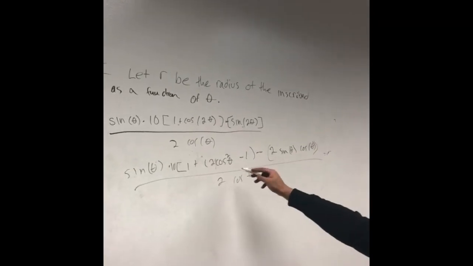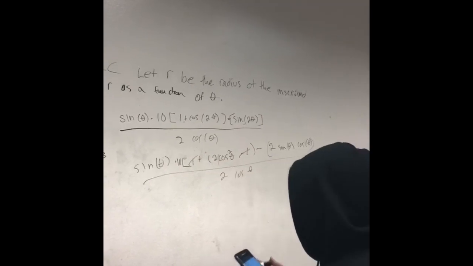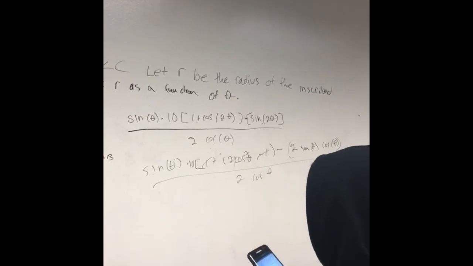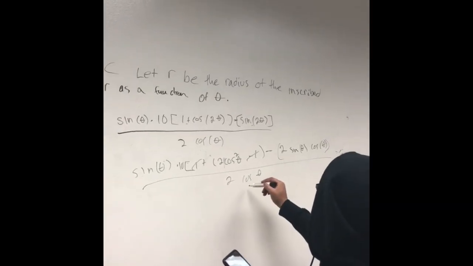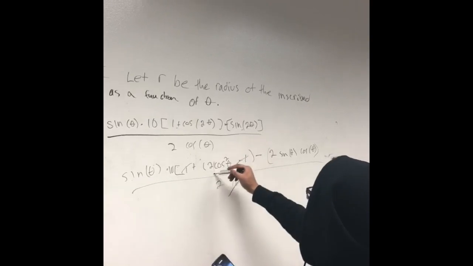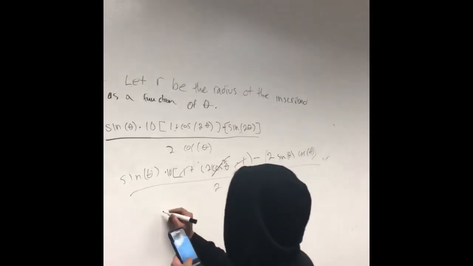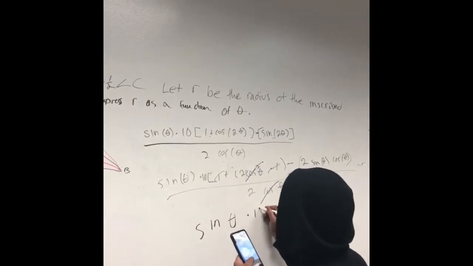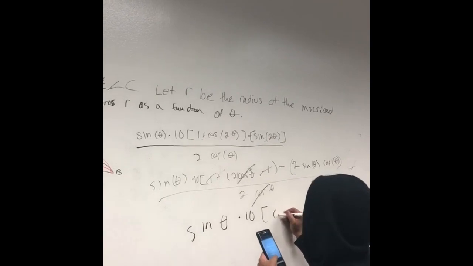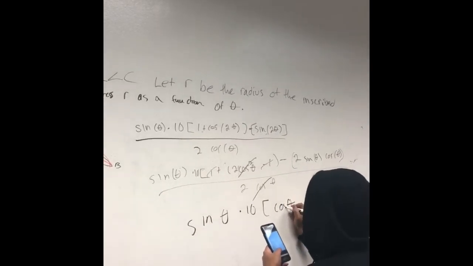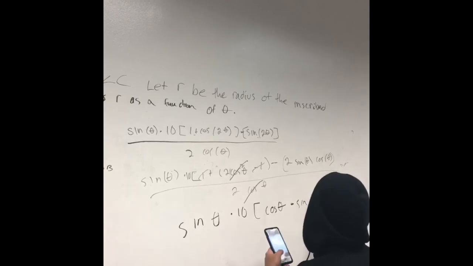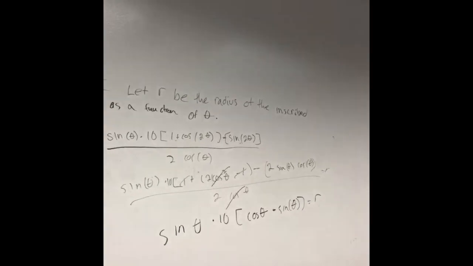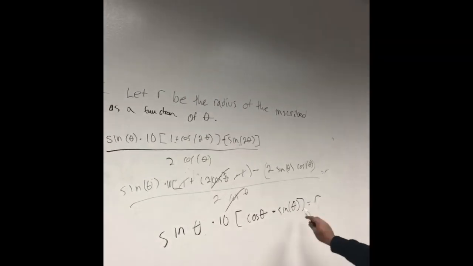Now we see that the ones cancel out. We can simplify 2 cosine theta on top and bottom to get a 1. So we're left with sine of theta times 10 times cosine theta minus sine of theta equal to r.